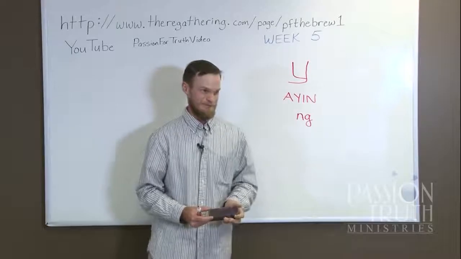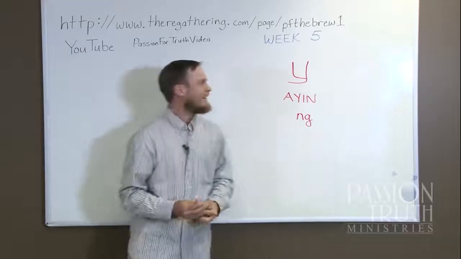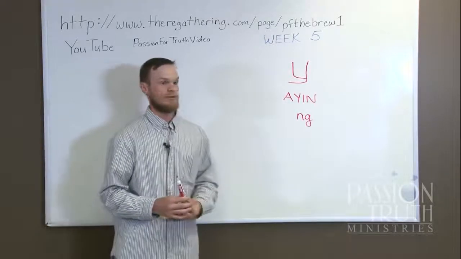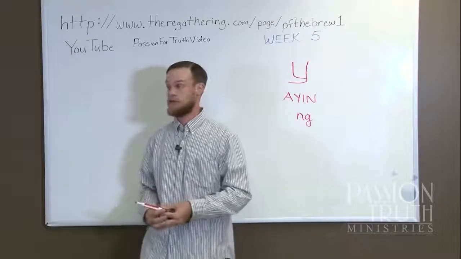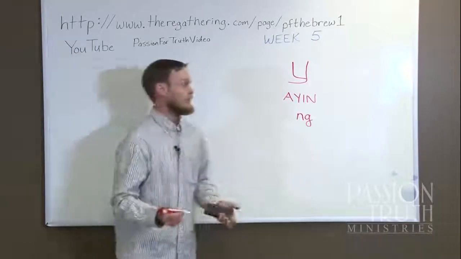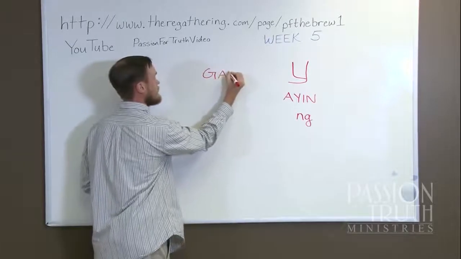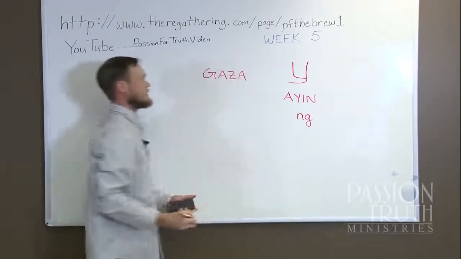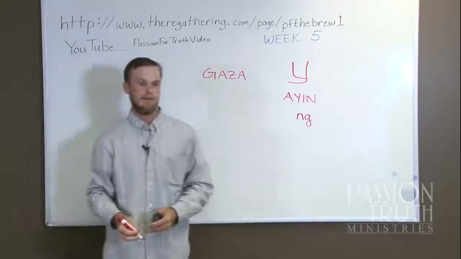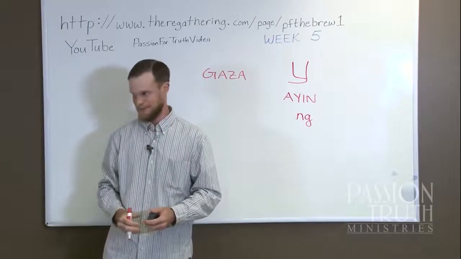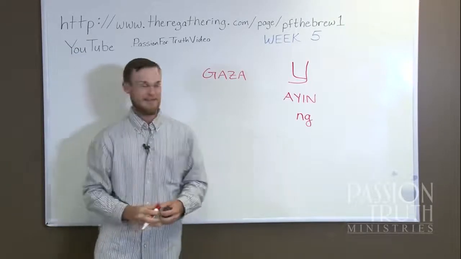But anyway, it's very interesting though, because the ayin, as it is, begins a number of words that in English we transliterate with a G. So if anyone's familiar with the Gaza Strip in Israel, Gaza is a very ancient name, but it's not Gaza, it's Gaza, okay?